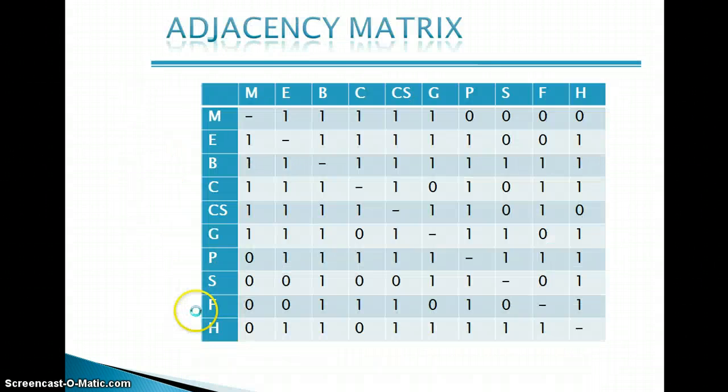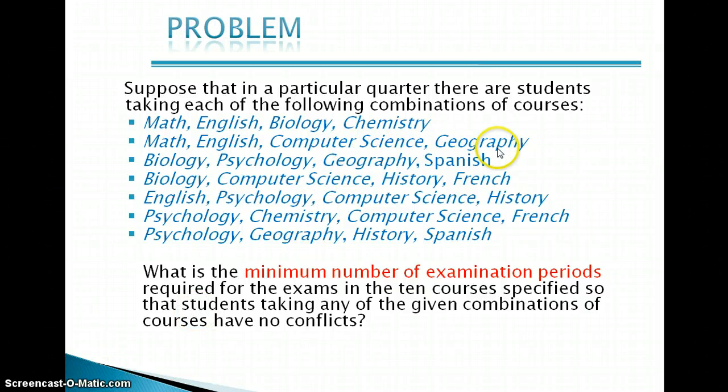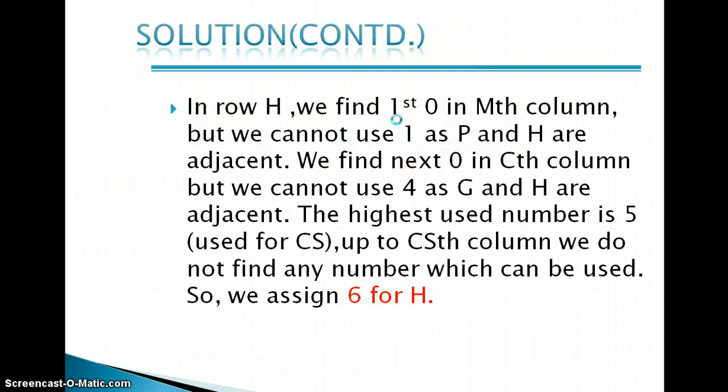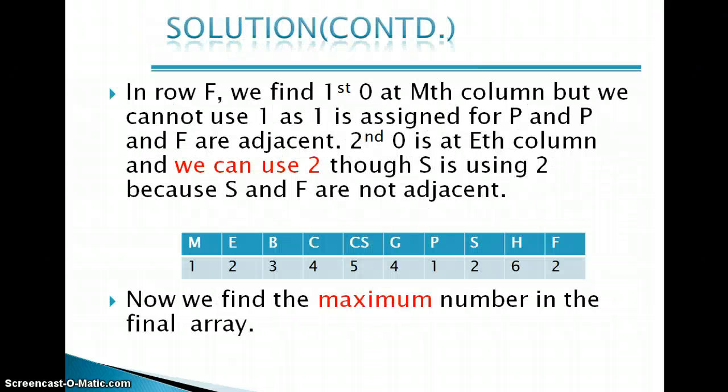If I consider the first row, biology is also in the same row as geography, but chemistry and geography are not in the same row. Chemistry and geography are not adjacent, so that's why the number is 4. In that way we find the solution. The number of the solution is 6, so we require at least 6 days to complete the exams.